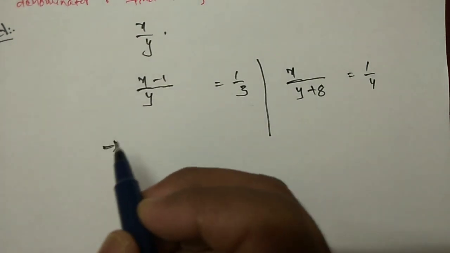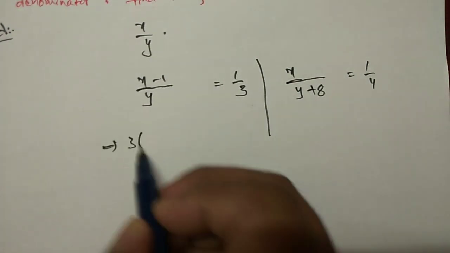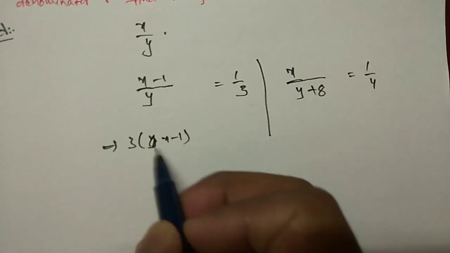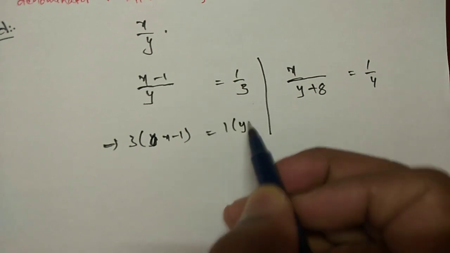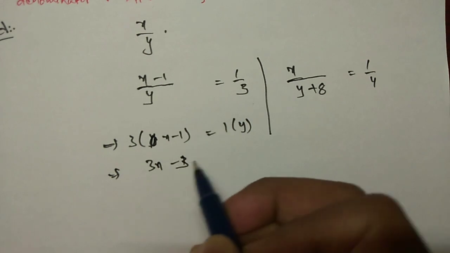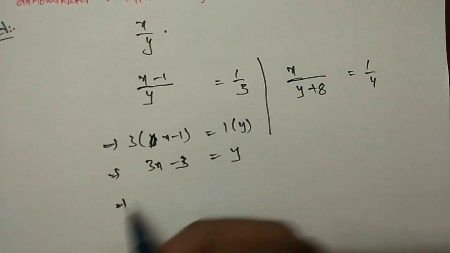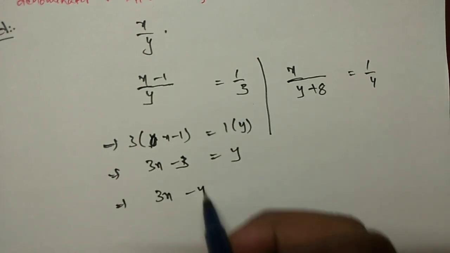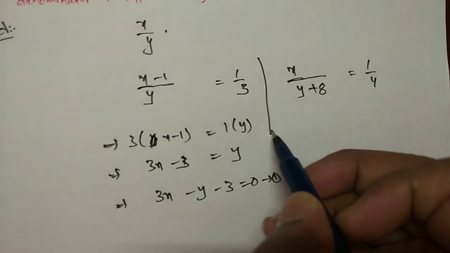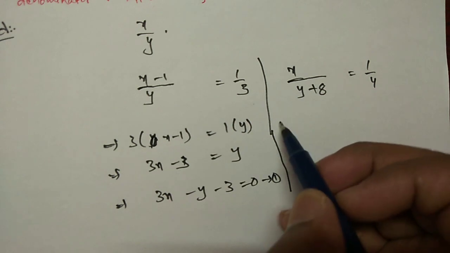So now cross multiply this. 3 times of x minus 1 equal to 1 time of y. So this is 3x minus 3 equal to y. So that 3x minus y minus 3 equal to 0. This is the first equation.